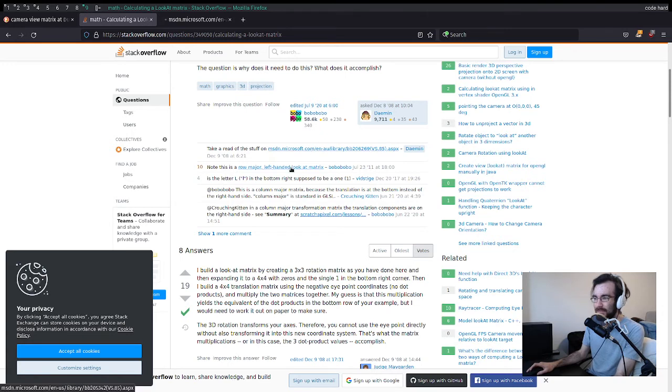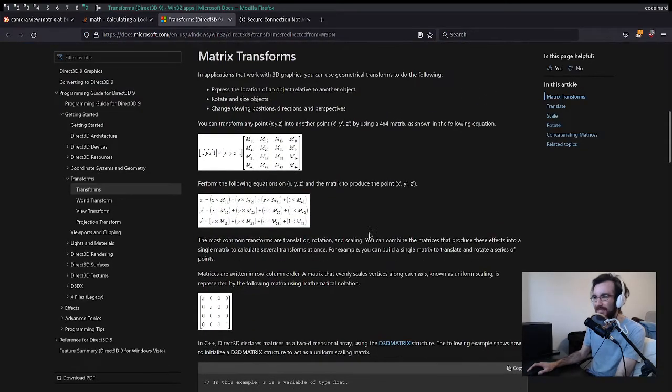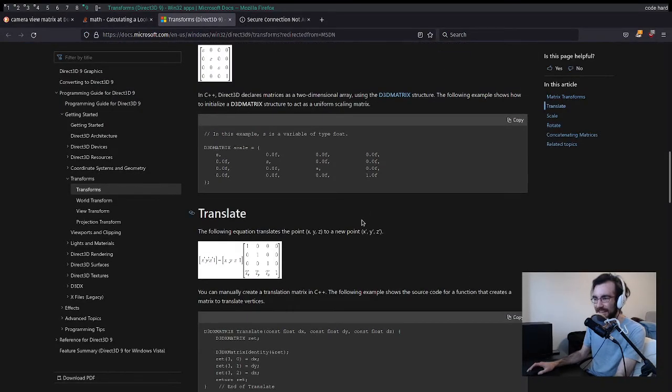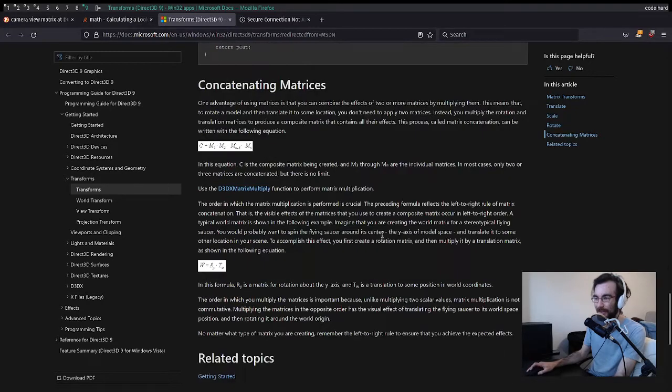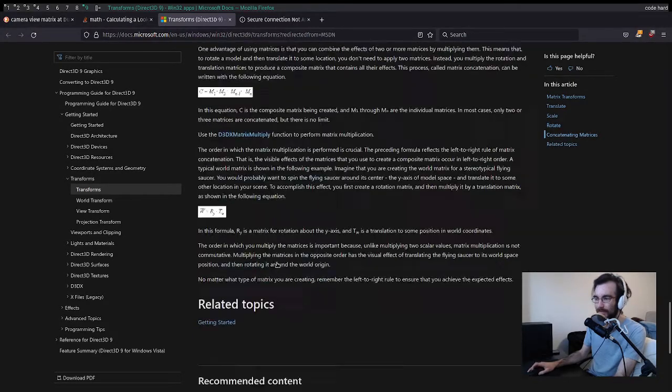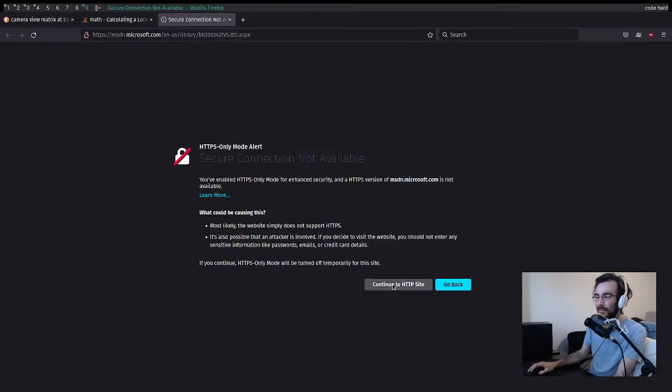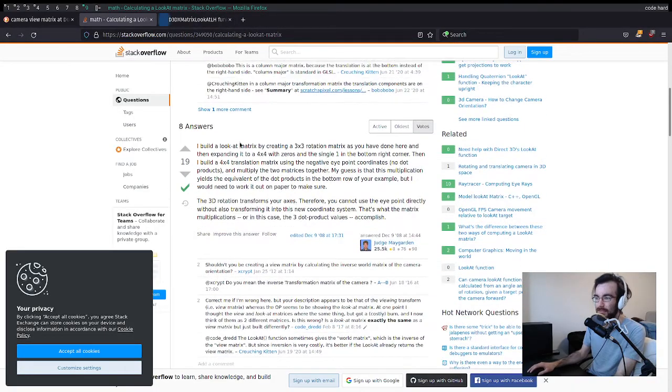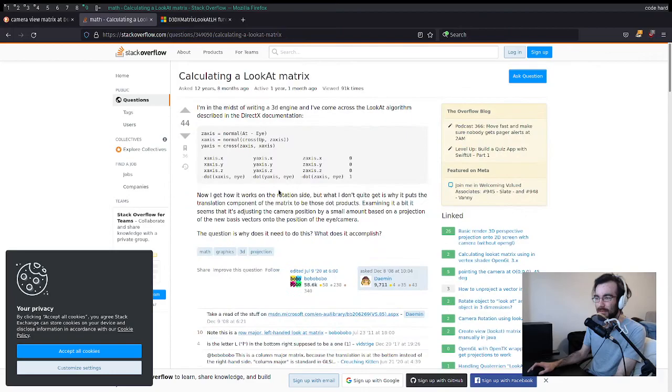Take a read of this. Row major left hand. Okay, so there is some stuff to consider here that I'm maybe not thinking about enough. Rotation.